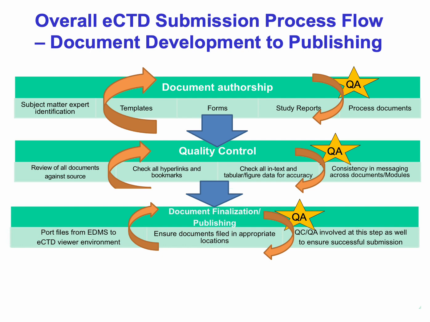Some of those eCTD viewers allow us to check that we have the right document within the right submodule, by showing us the list of submodules and allowing us to click once on each document to make sure that the document and the content is related to the submodule in which that document should be as per ICH M4 requirements. And again here we undergo the QA, or quality assurance.